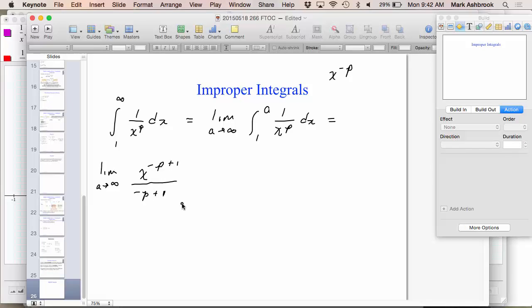So do I have the antiderivative correct? I'm going to take 1 over x to the p, which is the same as x to the minus p. So the power rule says add 1, and then we need that 1 over negative p plus 1 when we take the derivative, okay? So that's going to be from 1 to a. So we're going to plug, and so let's do this. 1 over negative p plus 1.